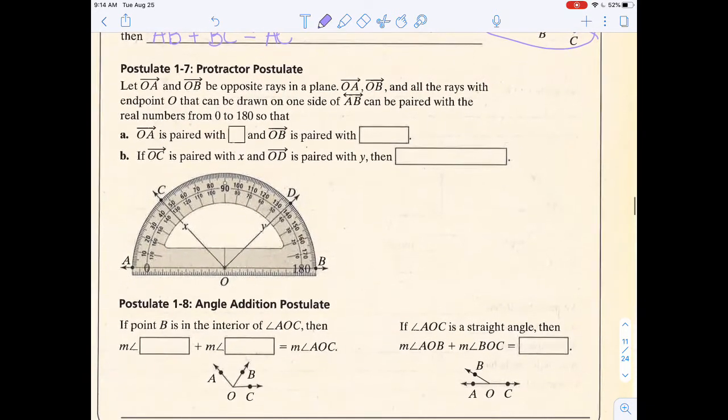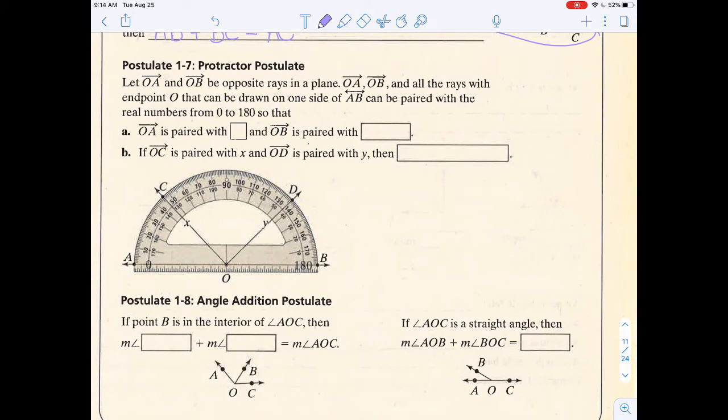The protractor postulate. Let OA and OB be opposite rays in a plane. So we've got OA and OB down here. OA, OB, and all the rays with their endpoint O can be drawn on one side of line AB. So just like a protractor, if we start at O, we can draw lines out in any direction to make an angle.